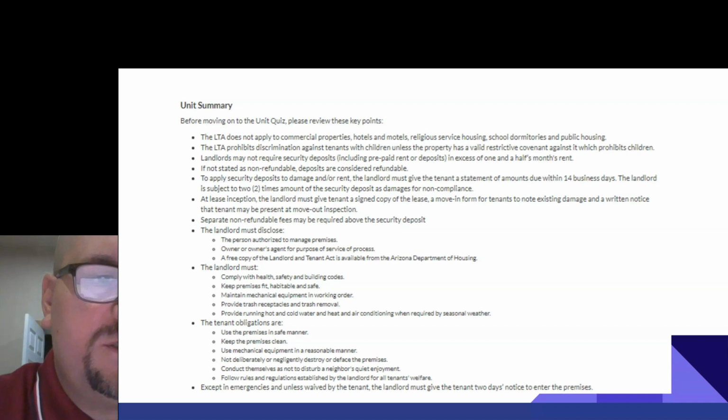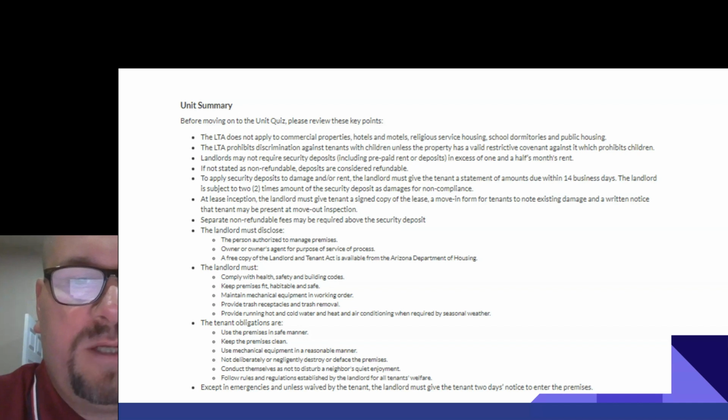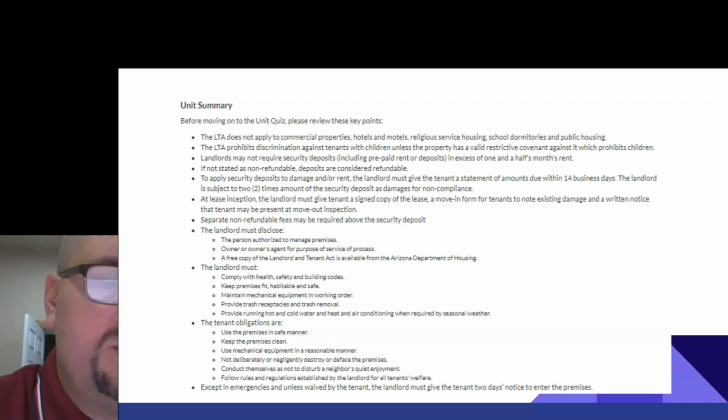The landlord must comply with health, safety, and building codes, keep premises fit, habitable, and safe, maintain mechanical equipment in working order, provide trash receptacles and trash removal, provide running hot and cold water and heat and air conditioning when required by seasonal weather. The tenant obligations, right?